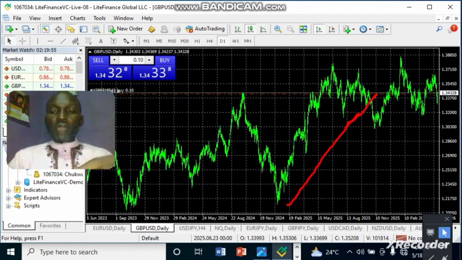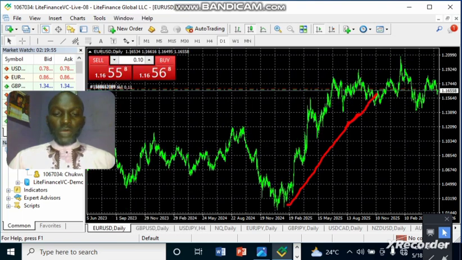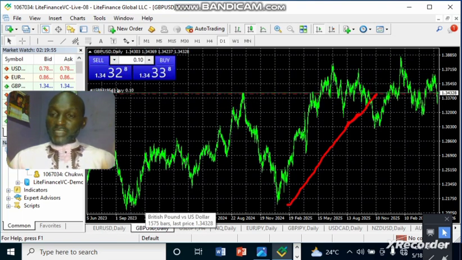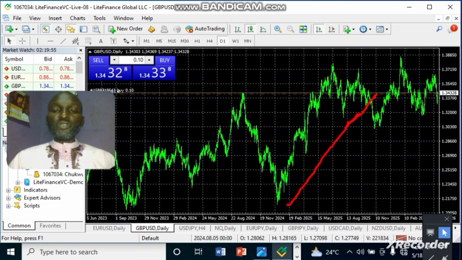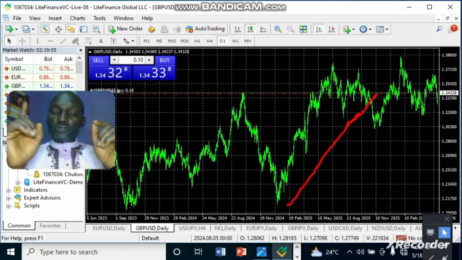So when you are placing trades in these two pairs, you might be thinking that you are using one lot size for each one. You place one lot size on EURUSD and then one lot size on GBPUSD, just as an example. But normally you're supposed to use one lot size because of your account size.